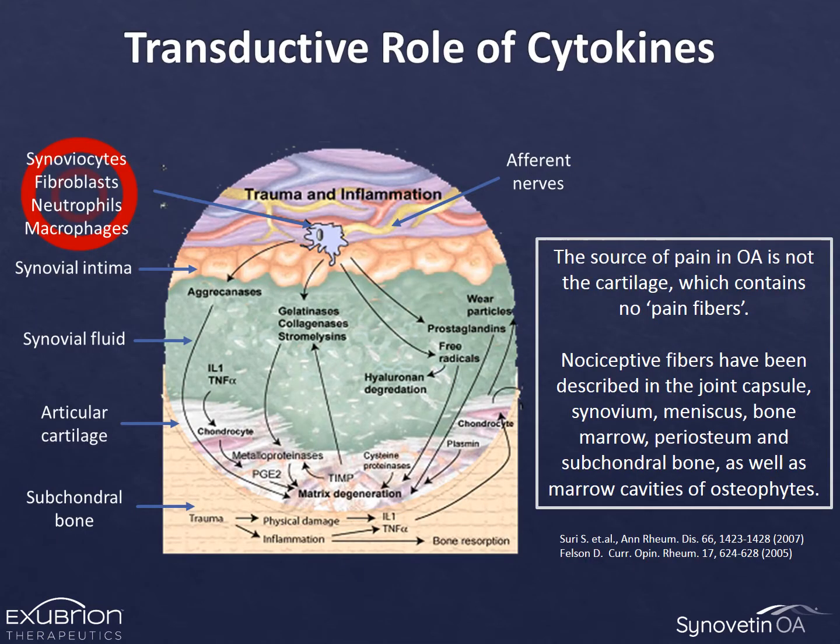This illustration also depicts a cross-section, in this case a drawing, of the joint. And we see at the bottom the cartilage, which has been degraded and is releasing and accepting a variety of inflammatory mediators from the joint fluid itself. Then we see the gray or green area in the middle of the graphic, which depicts the synovial fluid.